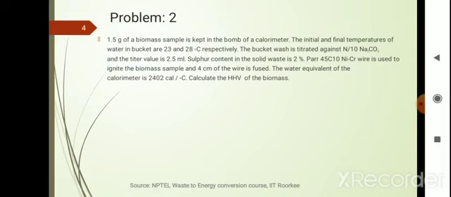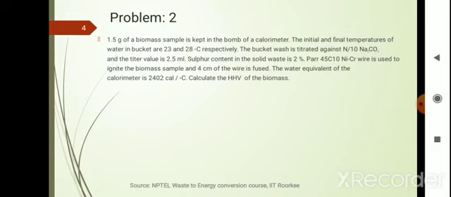The sulfur content in solid waste biomass is 2%. PAR 45C10 nickel chromium wire is used to ignite the biomass sample, and 4 cm of the wire is fused. The water equivalent of calorimeter is 2402 calorie per degree Celsius. Calculate the higher heating value of biomass.